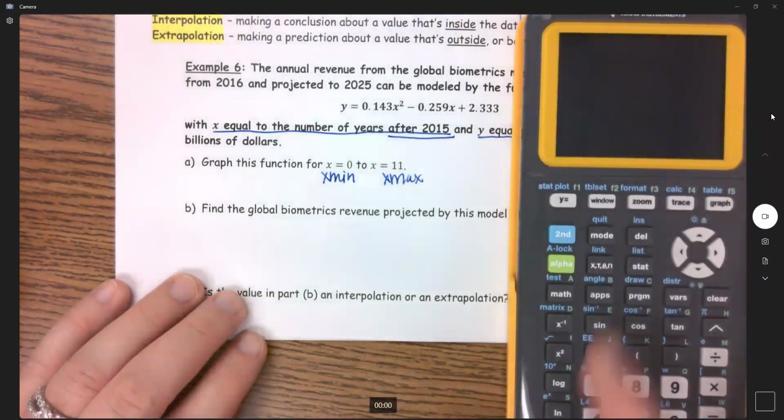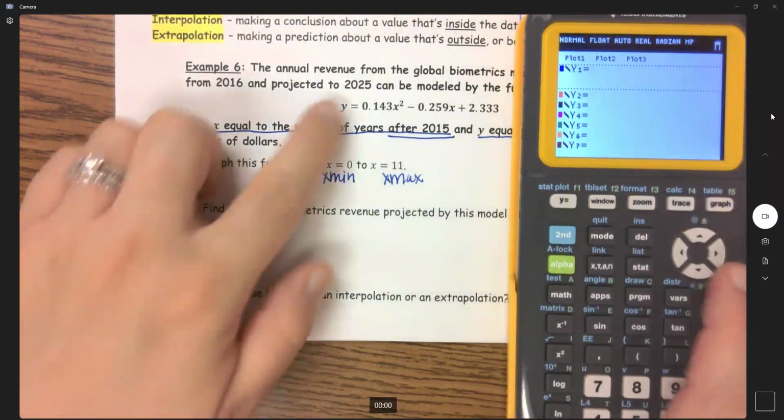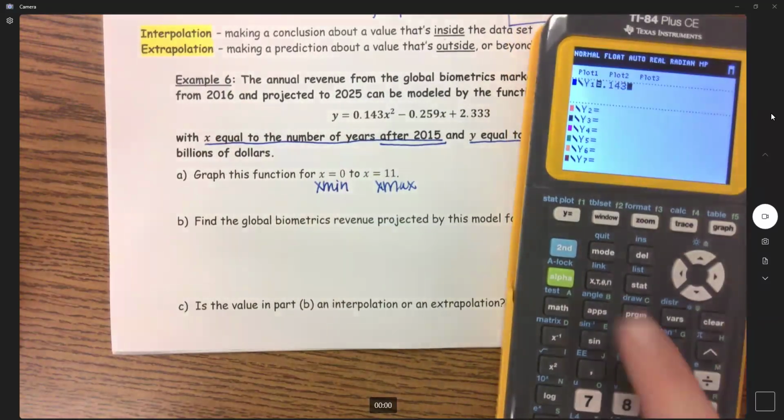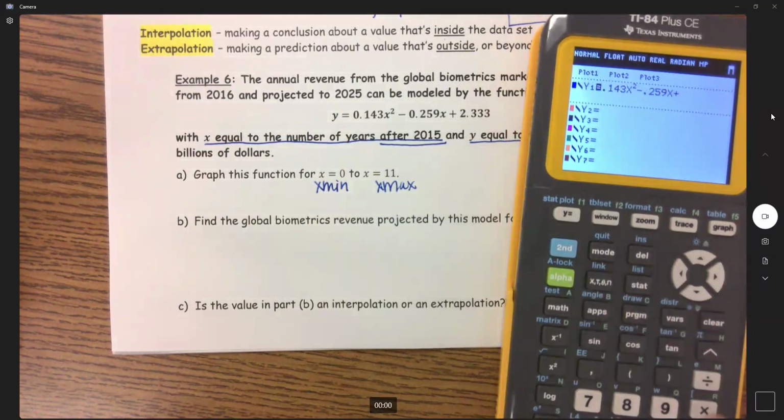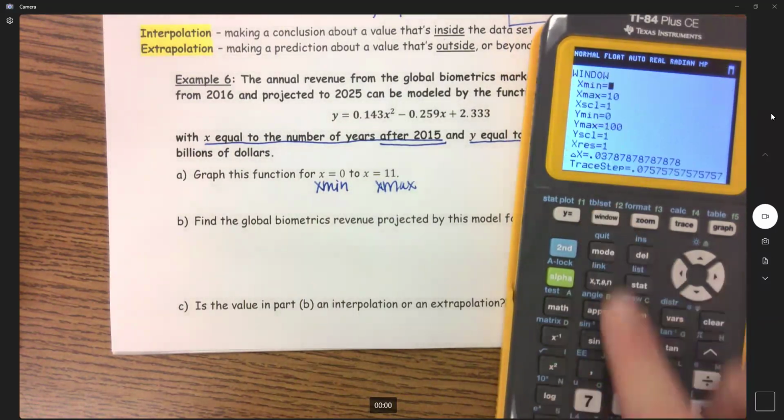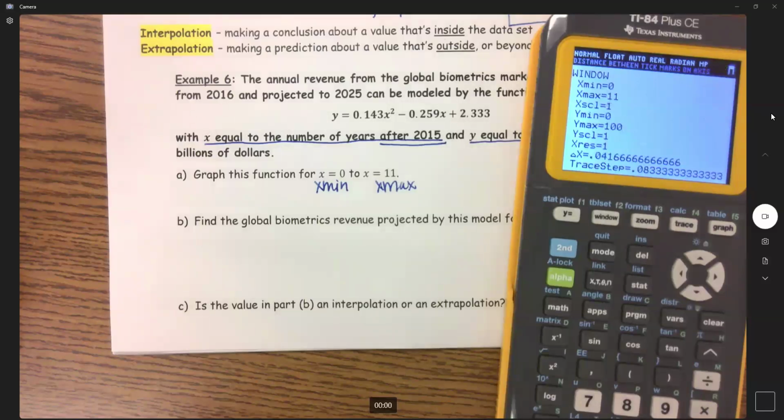So going into our calculator here, we'll type this in. And I'm going to go in here to window, and I'm going to change this from 0 to 11. Once I have that changed, I will go zoom 0.